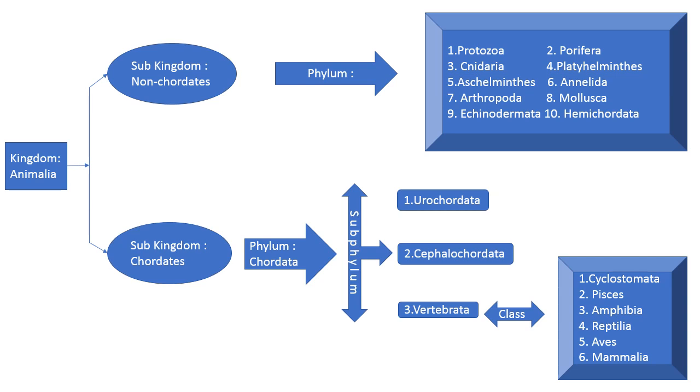Now in this chapter you have to study all the 10 phylums of the subkingdom non-chordates and the six classes and the three subphylums of the subkingdom chordates, their characteristics with an example, which is very important from the exam point of view. You have to study all these characters and learn them properly.